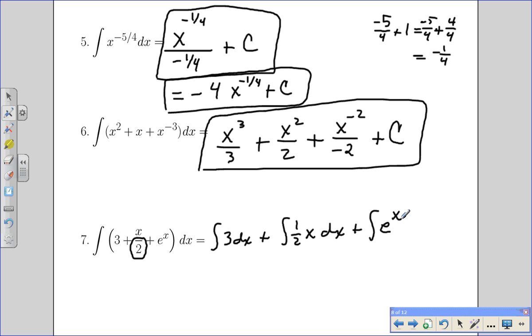And the reason I'm doing that is to show you that I can factor out that 1/2. We have the integral of 3 dx plus 1/2 times the integral of x dx plus the integral of e to the x. Sorry, forgot my dx.